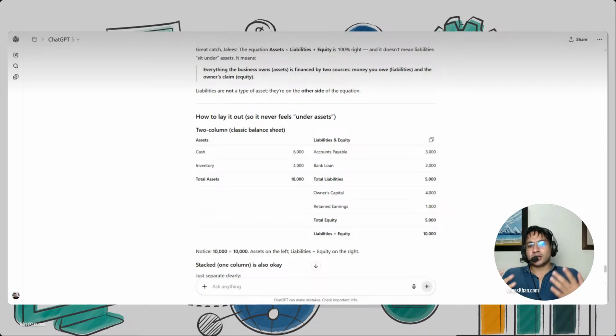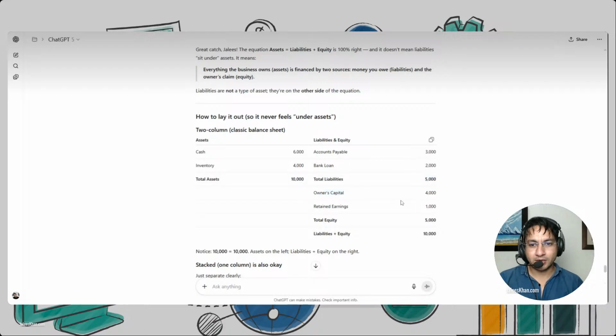The other thing is the bank loan. We get the loan from the bank, which is cash. So $2,000, so it becomes liabilities, like 2000, 5000.